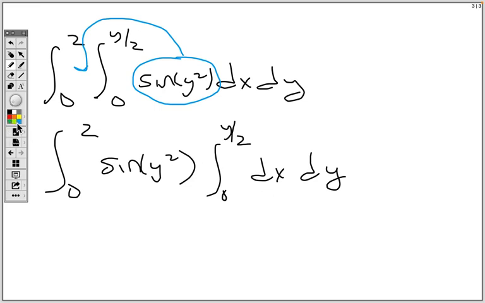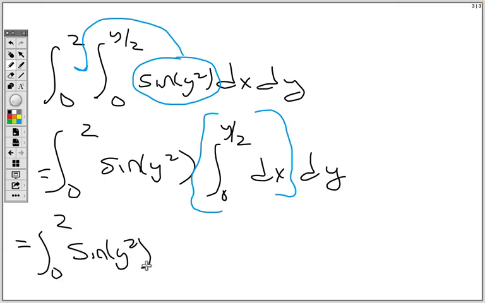And now I'm just going to integrate dx from 0 to y over 2. So you integrate 1 dx, that just gives you x, evaluated from x equals 0 to x equals y over 2.